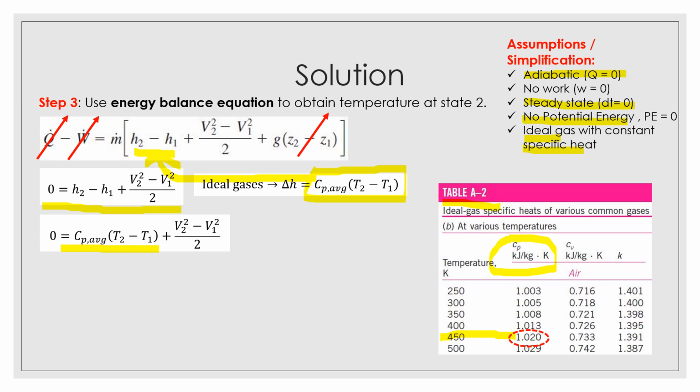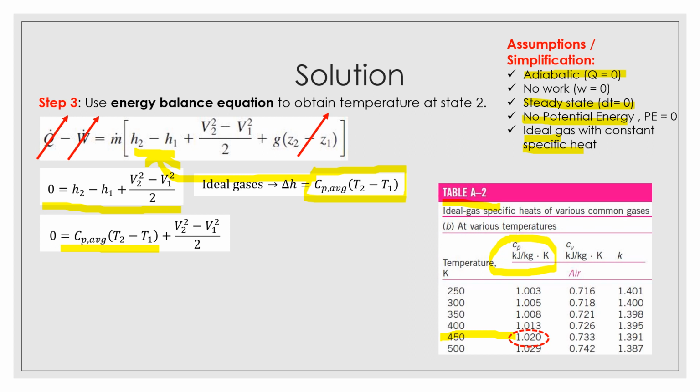So that's why Sir only just takes this 450 Kelvin as a Cp value 1.02, because the difference for 473 is relatively very small. But if you want to do the interpolation, you may go ahead. There's nothing wrong with that.